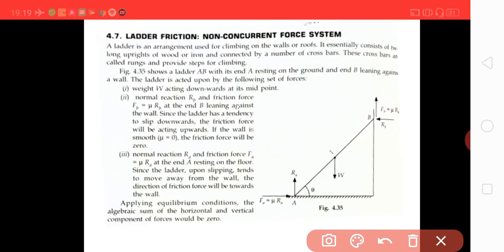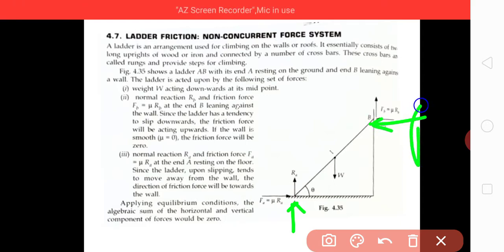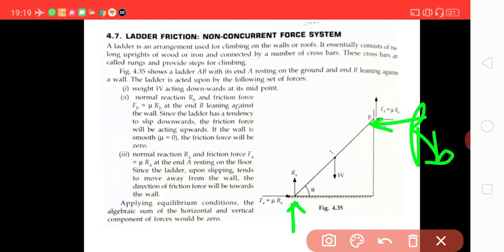Here we are considering a ladder weighing W kg resting against the wall, making an angle theta with the horizontal. There will be a normal reaction at A and a normal reaction at B. This is RB and this is RA.